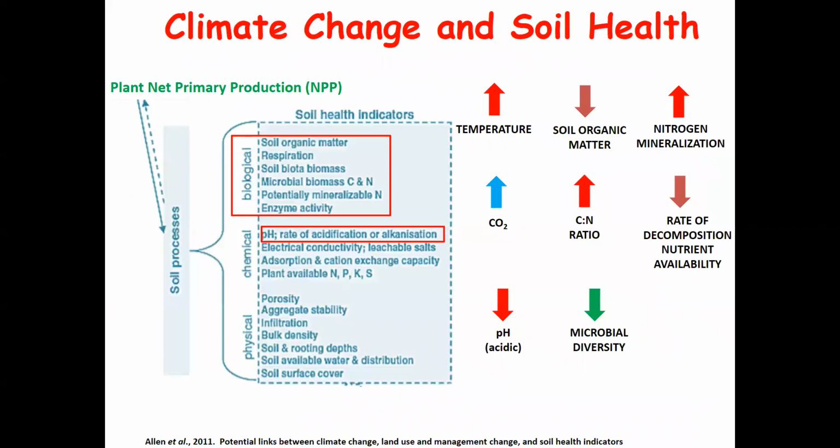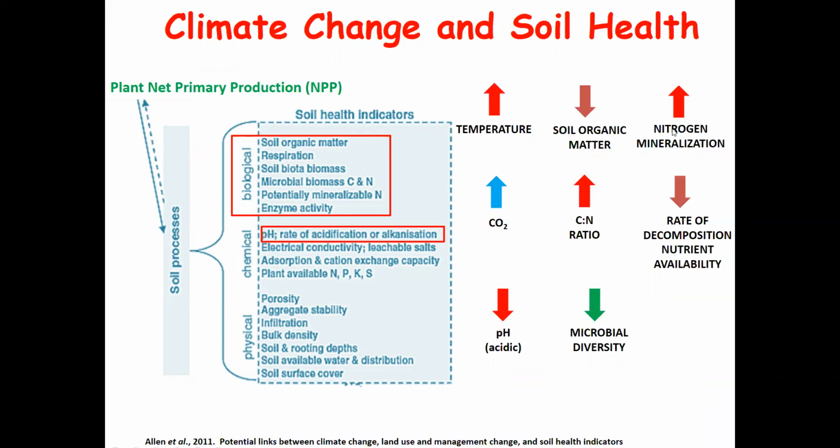So climate change is intimately linked then to soil health. We can see that in terms of the biological soil health indicators, the chemical soil health indicators, and the physical soil health indicators, there are many processes that will be influenced. Temperature will increase, soil organic matter will decrease because of climate change.